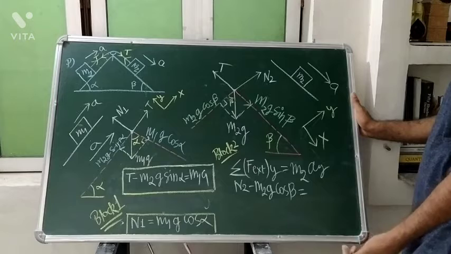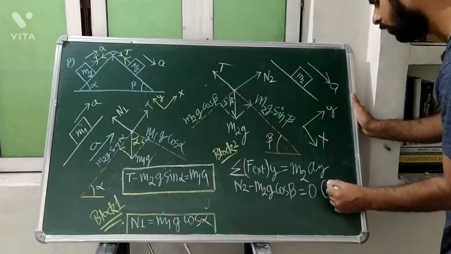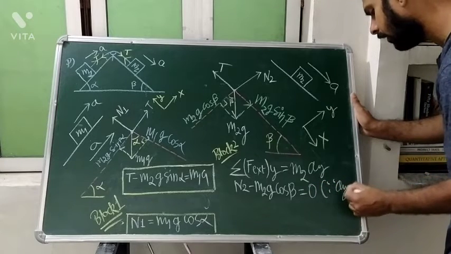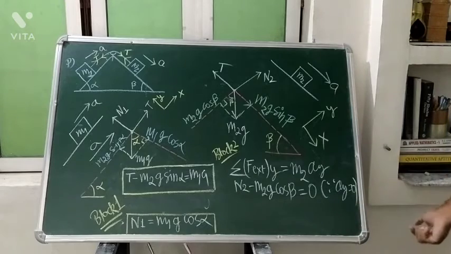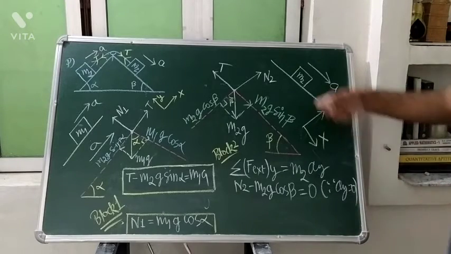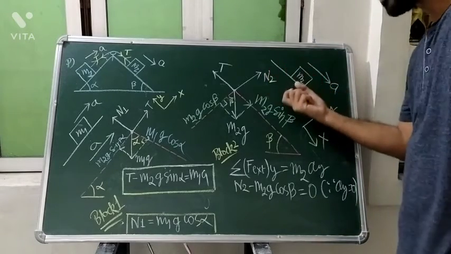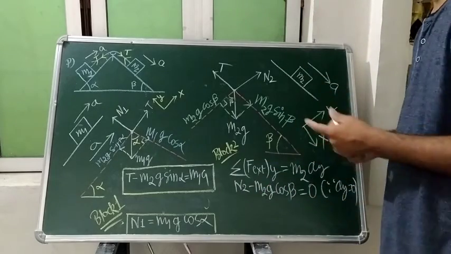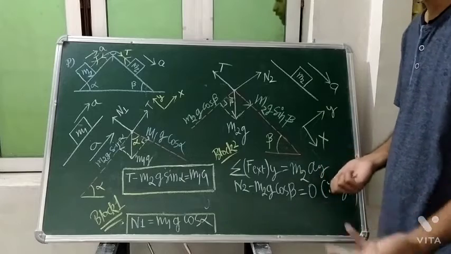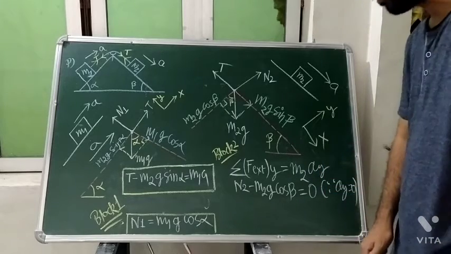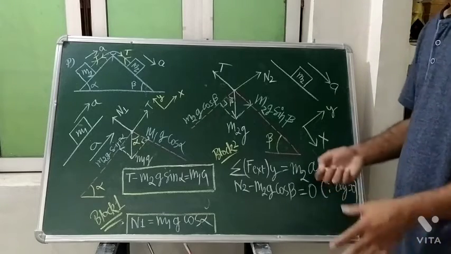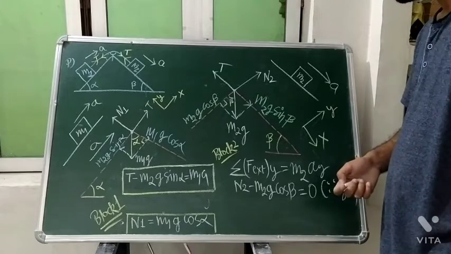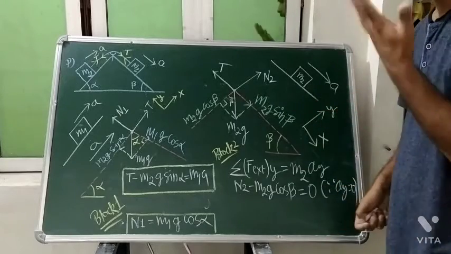No acceleration is present in y direction, it will become 0, since acceleration in y direction is 0. So student, if acceleration in y direction is 0, then our normal reaction will be equal to what? Weight of that object.